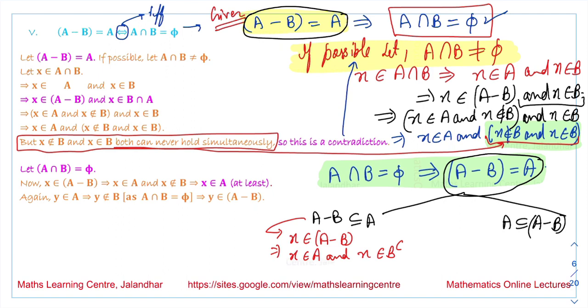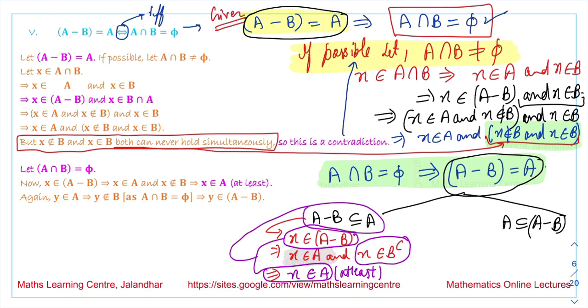From this it is clear that x belongs to A. The other condition is that x also belongs to B complement, but the least condition we have is that x belongs to A. So x belonging to A minus B implies that x belongs to A. Therefore A minus B is a subset of A.